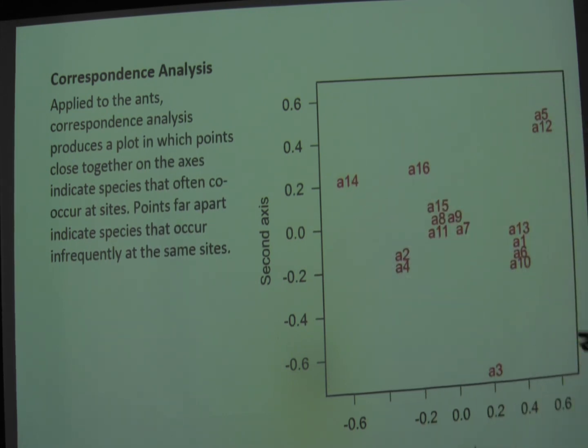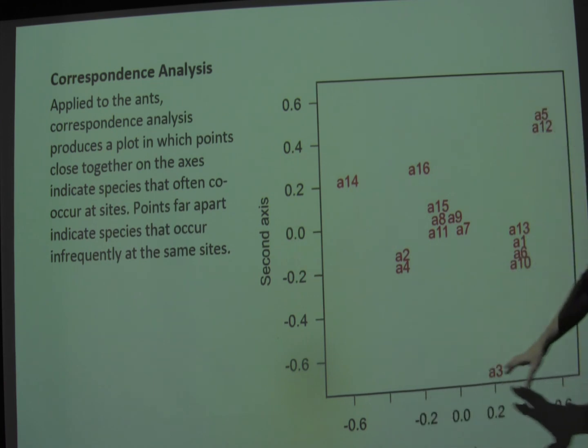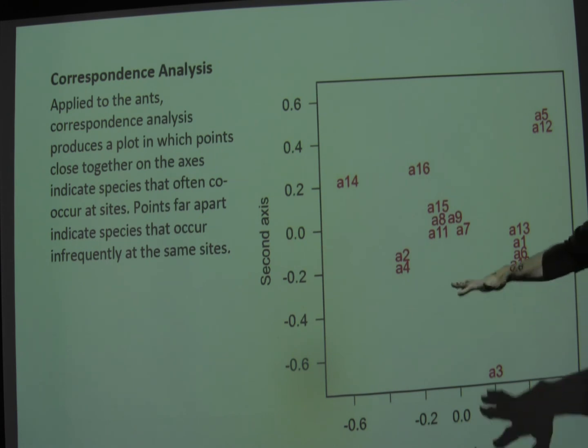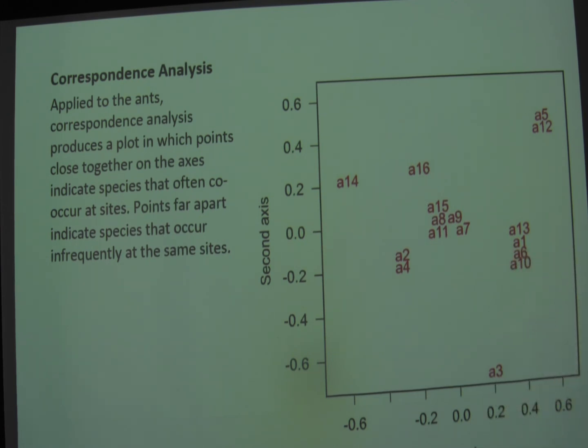Whereas 14 occurs over there, and this group of 4 species tend to occur at the same site. This first axis is not exactly corresponding to an environmental gradient, but it might. It's purely a mathematical gradient, but it might be real. It might be separating lowland from highland sites or drier sites from wetter sites. And thus these 2 species have similar ecological tolerances.